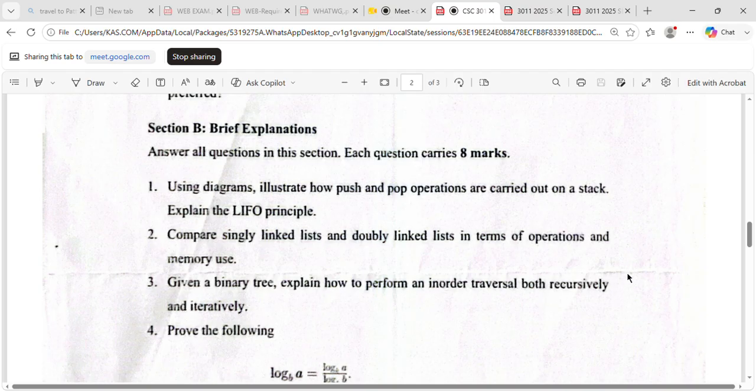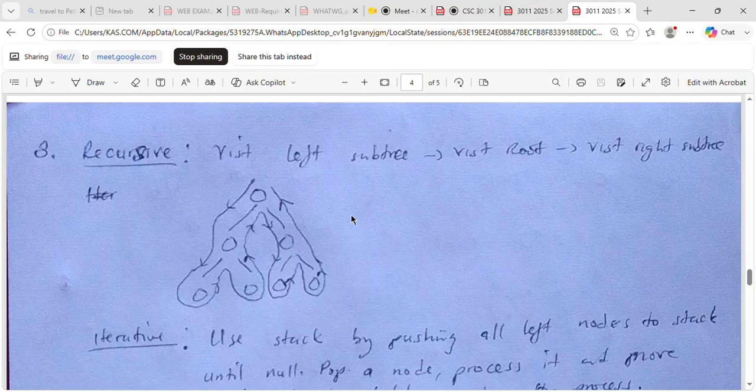Recursively is what we've been doing already, and iteratively we will come to that. Recursion is basically a method that refers to itself or keeps calling itself back to back.